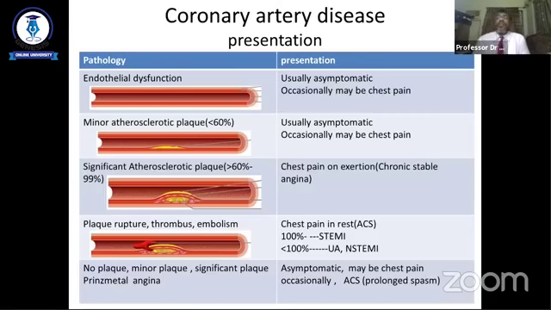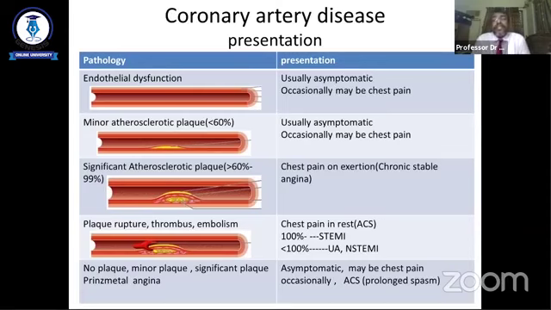So these are the presentation, diagnosis, and treatment of a case of acute coronary syndrome. If I summarize acute coronary syndrome very briefly, a patient usually presents with chest pain.